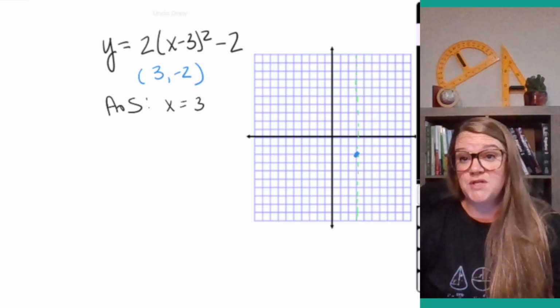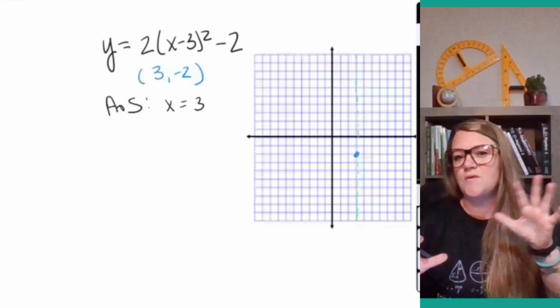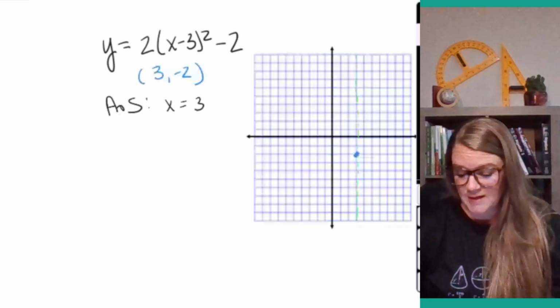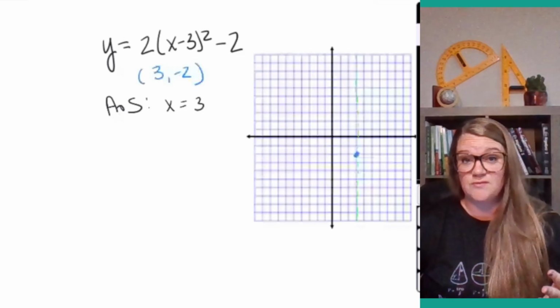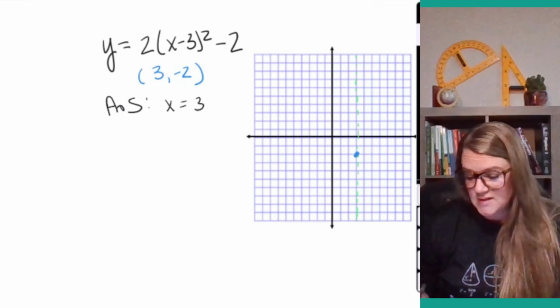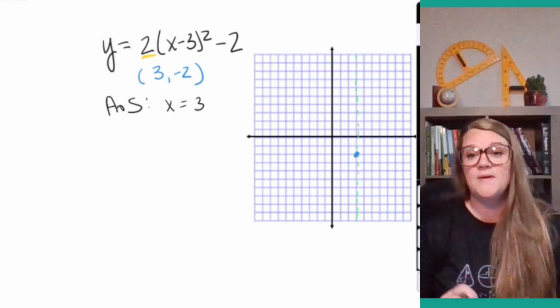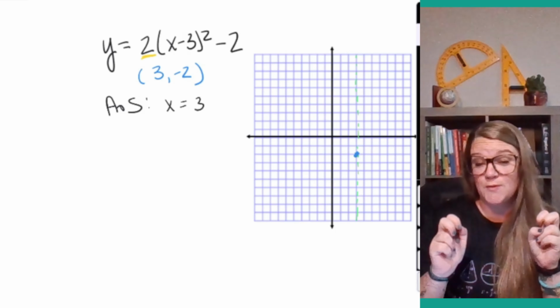Now let's continue. Let's get a couple other things. We could finish graphing it from here, but let's find these other things before we actually finish graphing it. So this is what I know mostly from this vertex form. Another thing that I do know that could help me finish graphing this is this 2 in front. That's going to tell me that this is going to go up twice as fast as the regular size parabola.